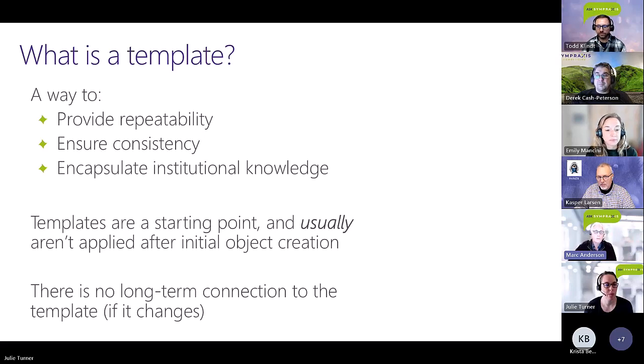And then it's also a way to encapsulate your institutional knowledge. So this is the way we think about a project site. This is what we've learned works best in a project site. This is what we know that we need to collect for metadata on that contract so that we can put it through a process. People don't always think about it from that perspective, but one of the reasons that's important is that templates should evolve over time.